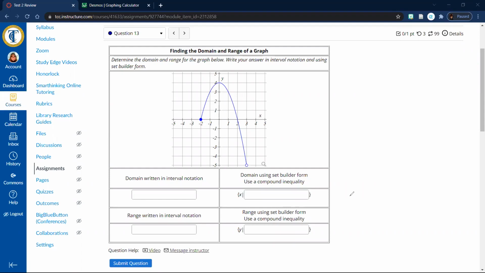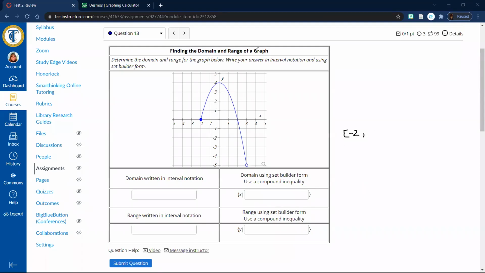The domain, that's the x's. So bracket -2 to positive infinity. Careful.